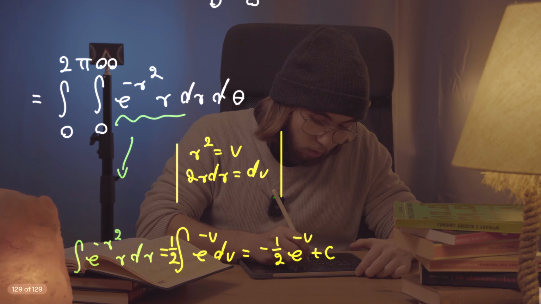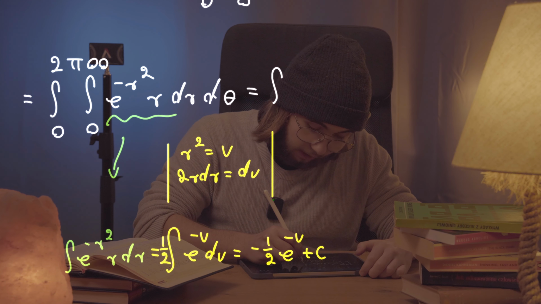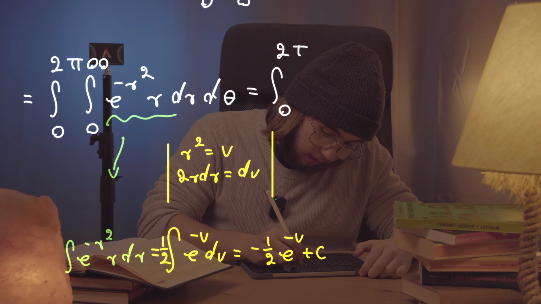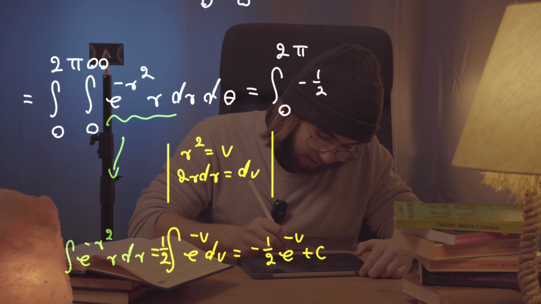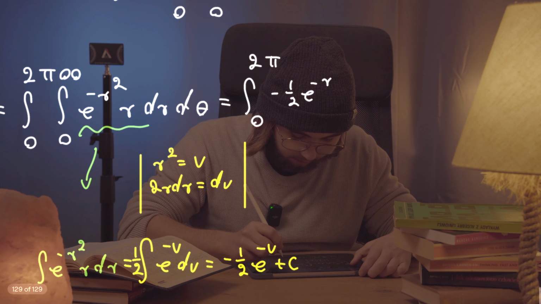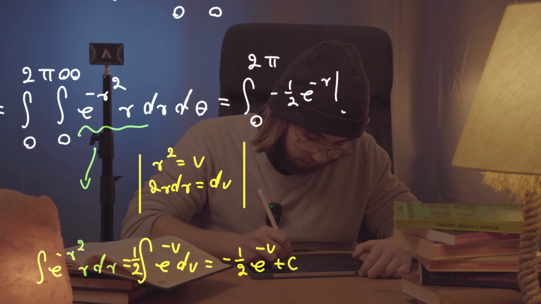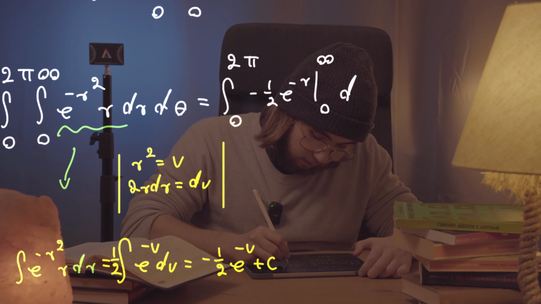And so we can just go on and rewrite this entire thing as the integral from 0 to 2 pi of negative 1/2 e to the negative r, because now we can just switch the variables again, in the bounds of 0 and infinity, and then the theta.